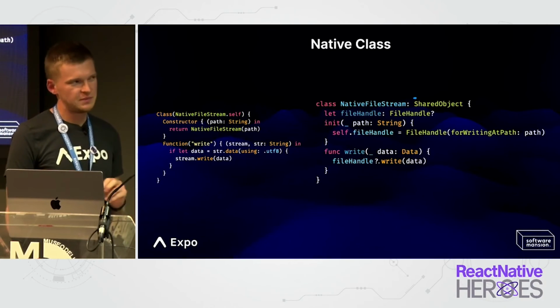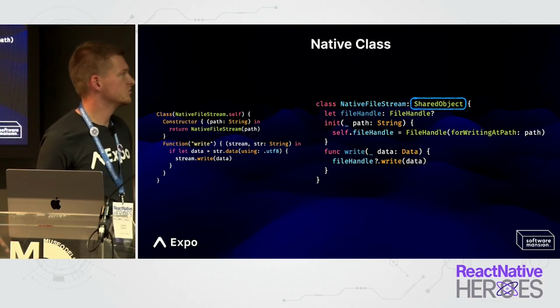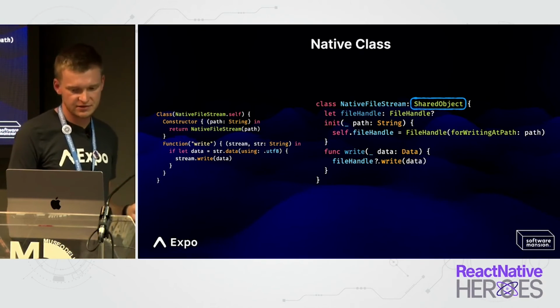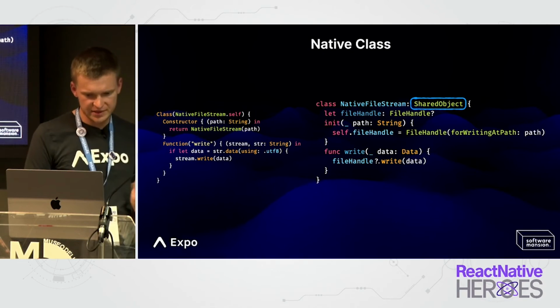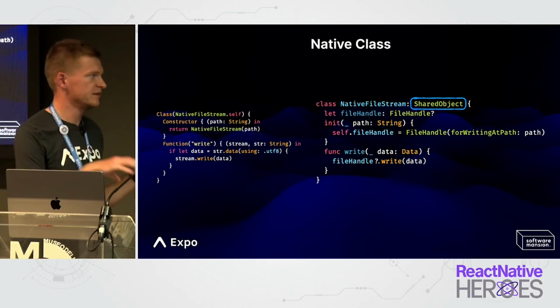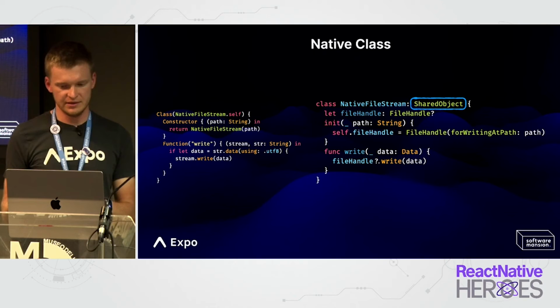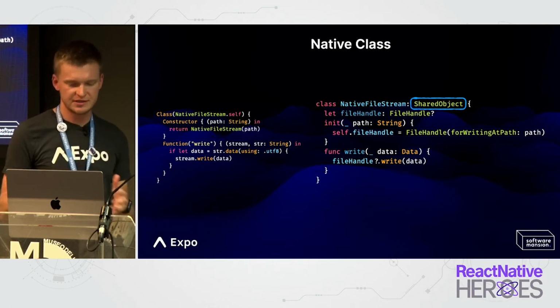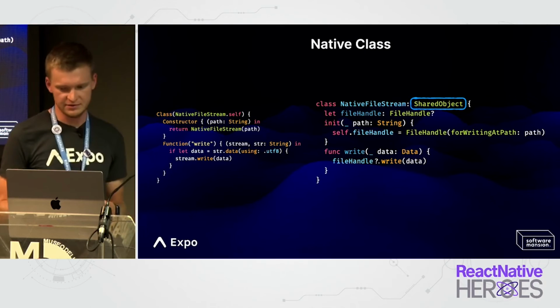And here, you associate this JS class with another native class, and the base class of this native class is called the shared object. It allows us to associate a single JS object with a single native object, so you can use them interchangeably and share some data between JS and native.